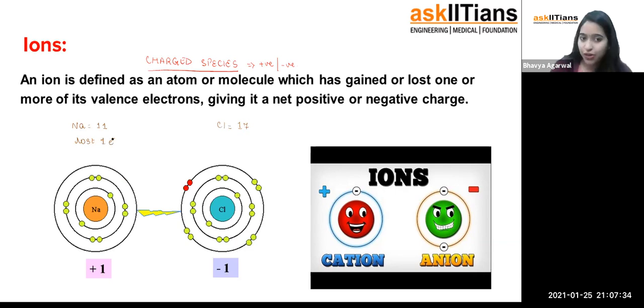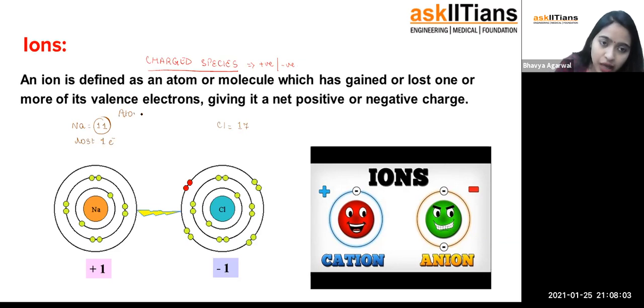Since an electron is negatively charged, and you know that an atom in general notation is a neutral species, an atom does not have any charge. Atom is a chargeless species, which means if sodium has 11 electrons, it also has 11 protons in order to be neutral.